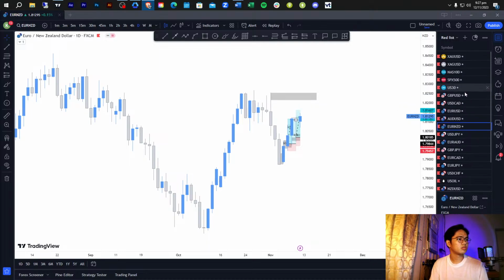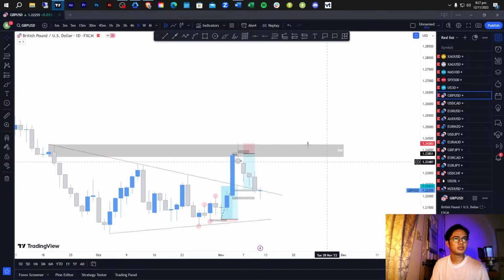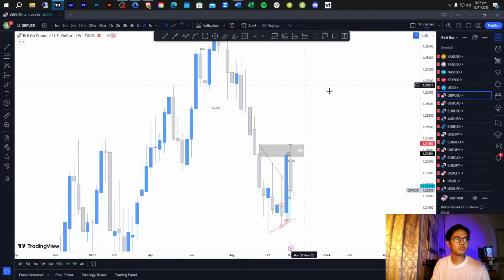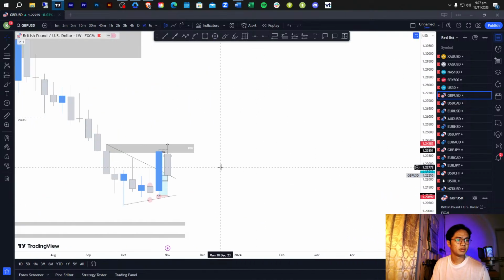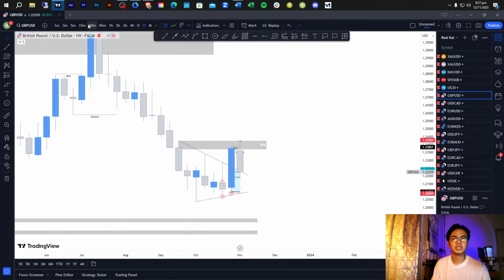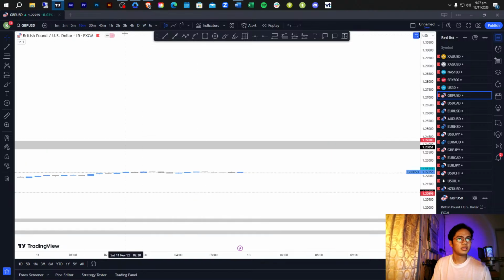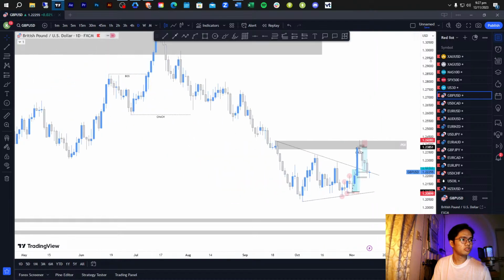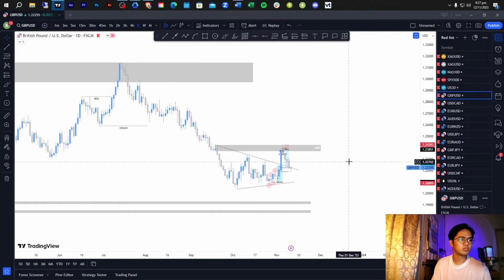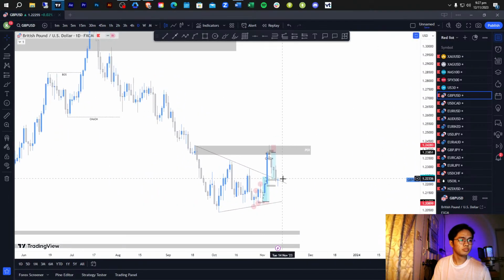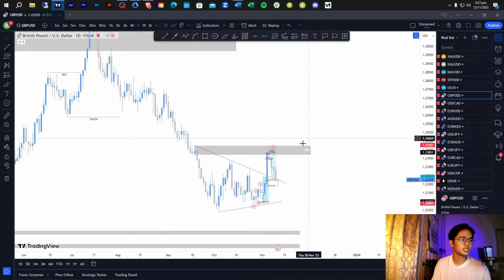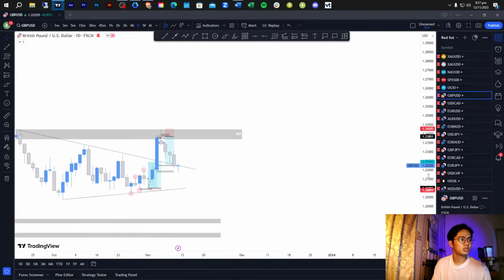So let's start with GBP USD. We're on the weekly time frame of our GBP USD, and I think GBP USD will be bullish this week.